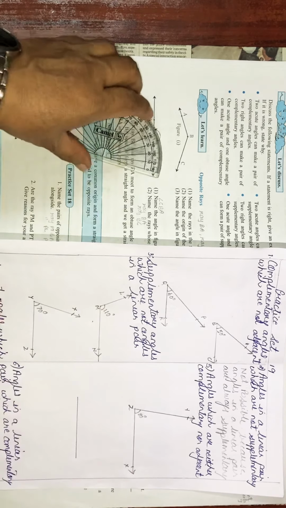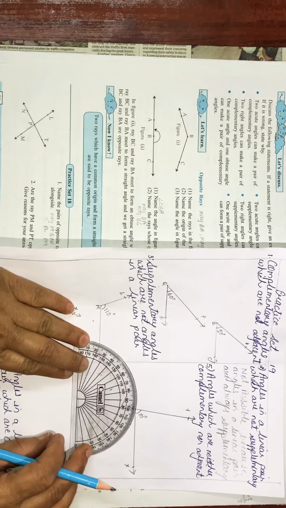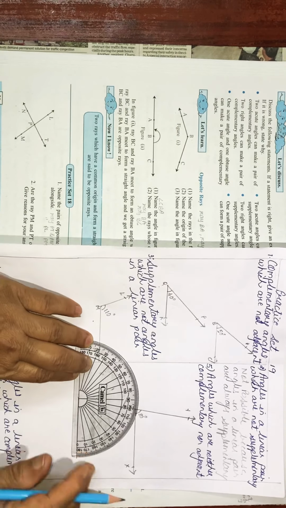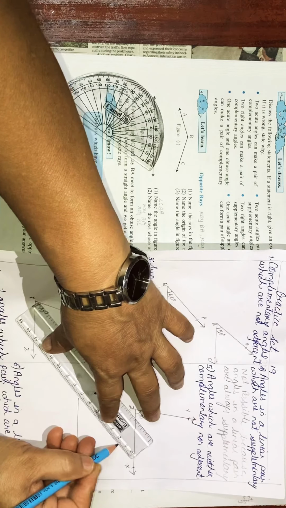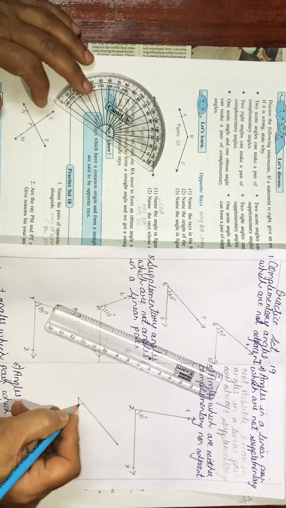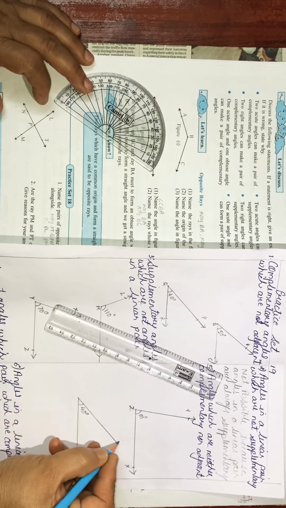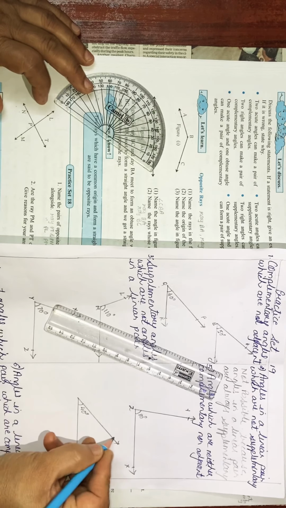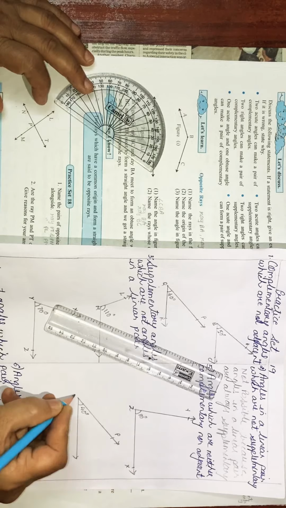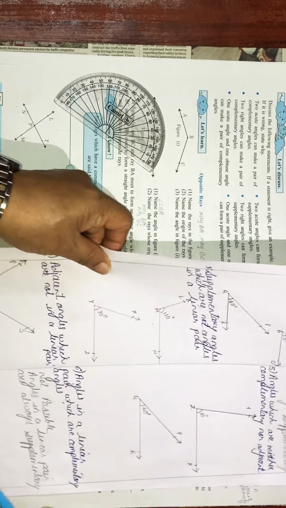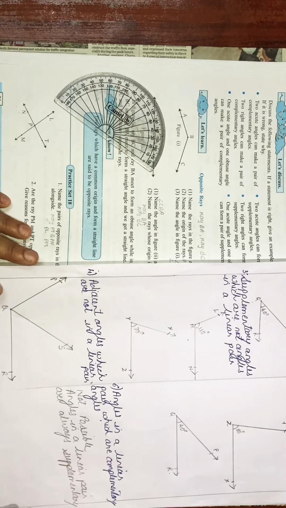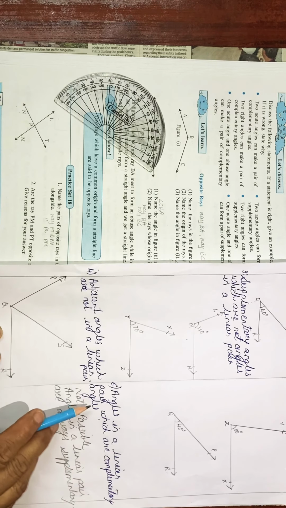So they are not complementary and also they are not adjacent. Remember that they should not be complementary and also not adjacent. This is 40 degrees. Okay, followed? Now, let us go to the last one as angles in a linear pair which are complementary angles.